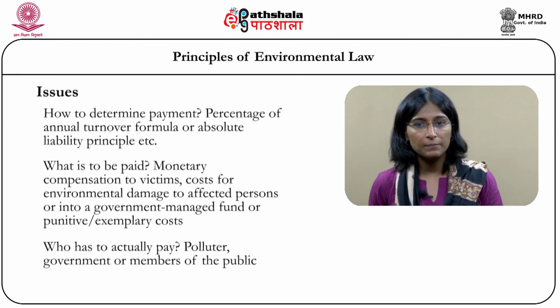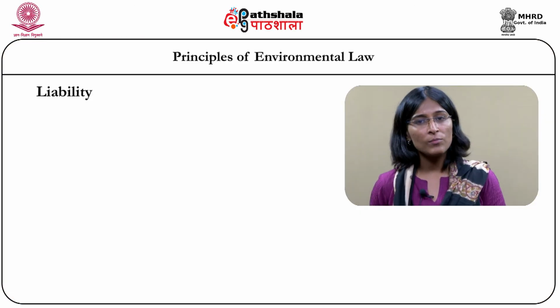Finally, before concluding the presentation, we should also discuss the concept of liability. There are two main forms of liability: fault-based liability, where the proof of the polluter's negligence is required, and no-fault liability, where the burden of proof is reversed. There are two main forms of no-fault liability: strict liability and absolute liability.